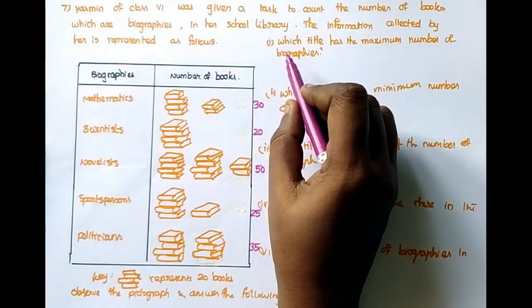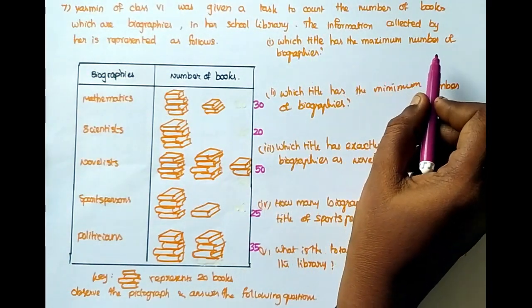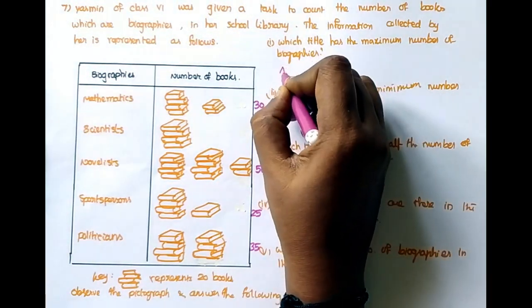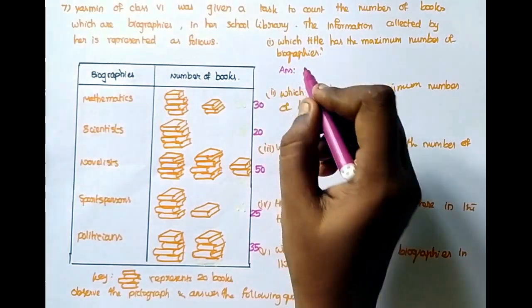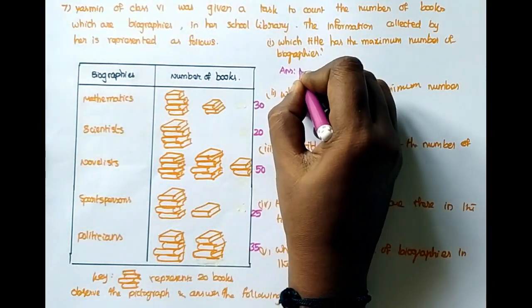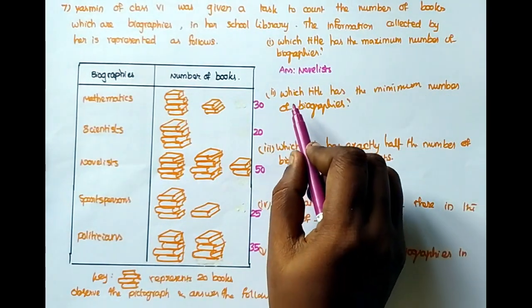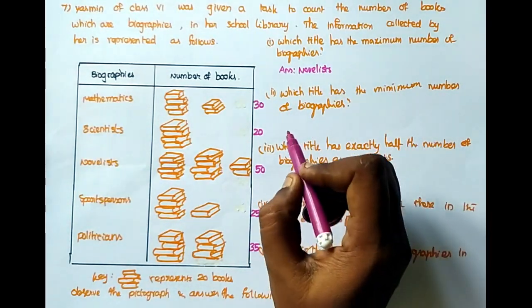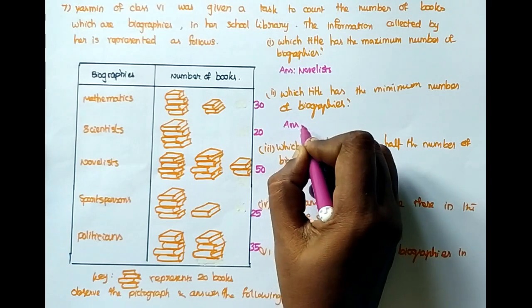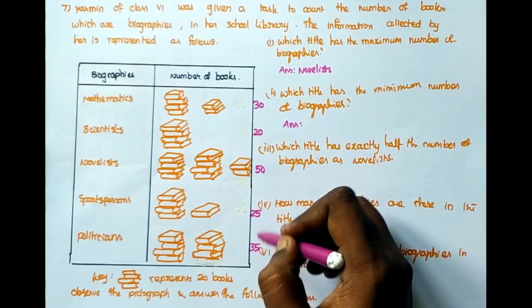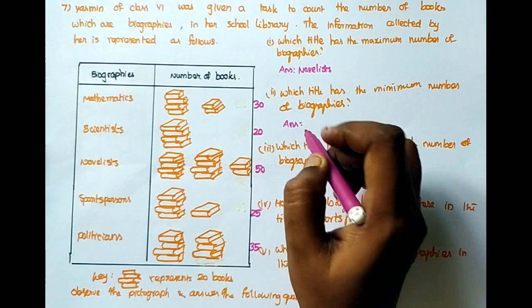Now what is the first question? Which title has the maximum number of biographies? 50. Which one? Novelist. That is the maximum number of biographies. Which title has the minimum number? Minimum means least number. That is 20. Scientist.